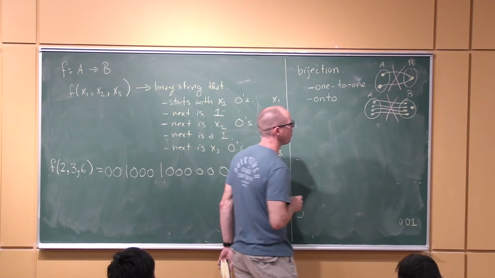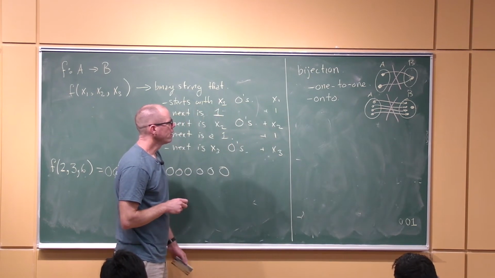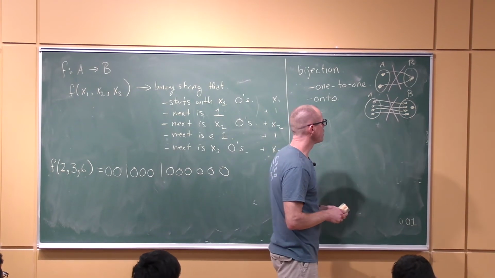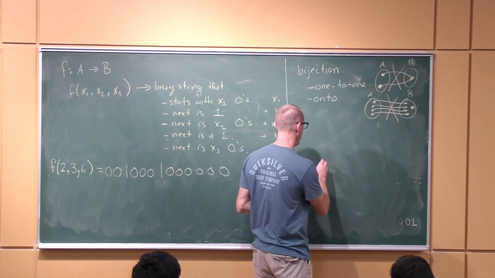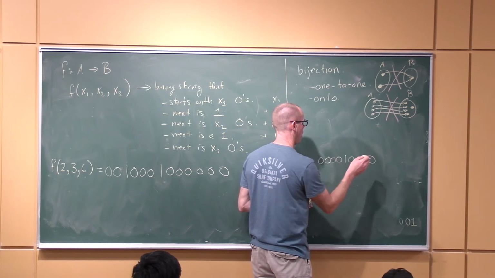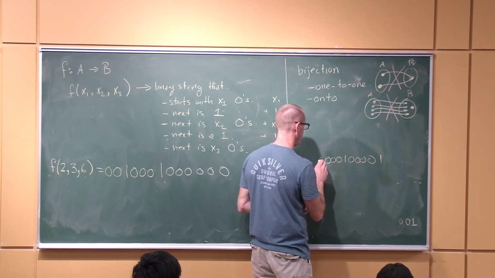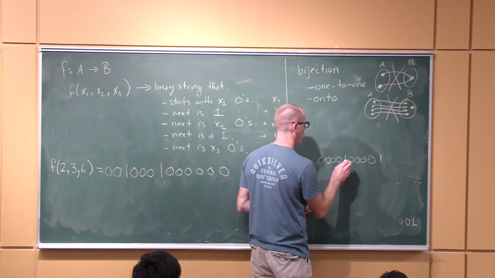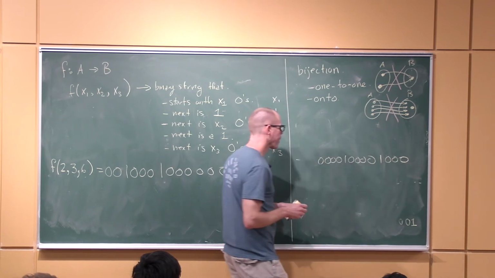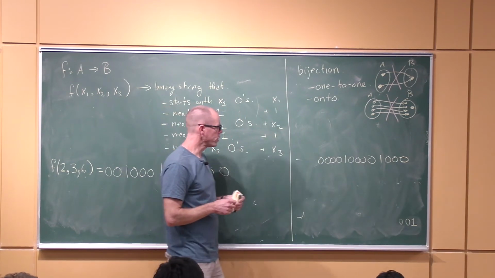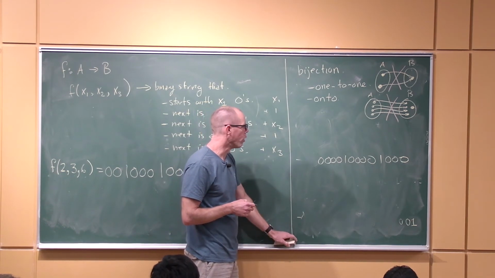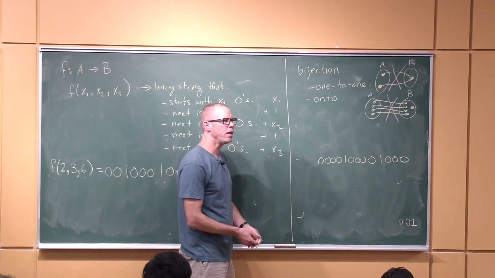That's not supposed to happen. So what would that look like? Well, one of these elements of B are these binary strings of length 13 with exactly 2 ones.